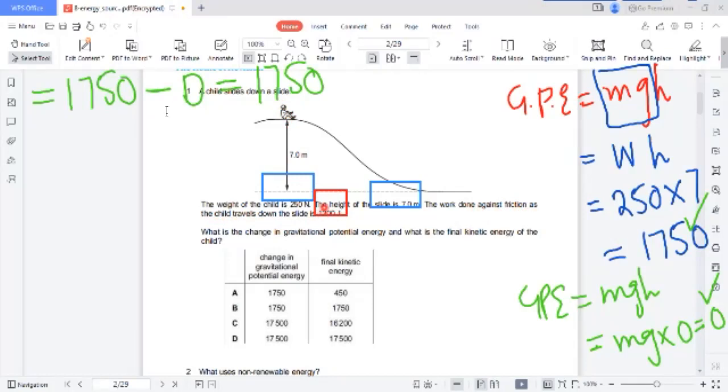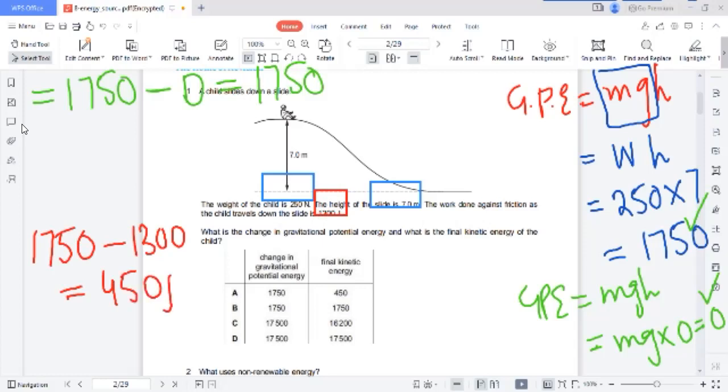So out of 1750, 1300 is utilized against friction. So we are left with 450 joules of energy.